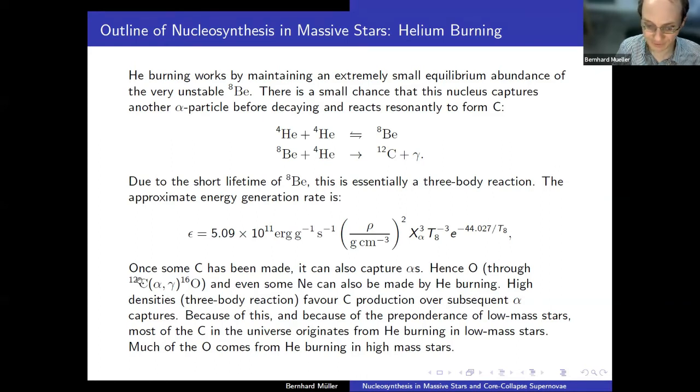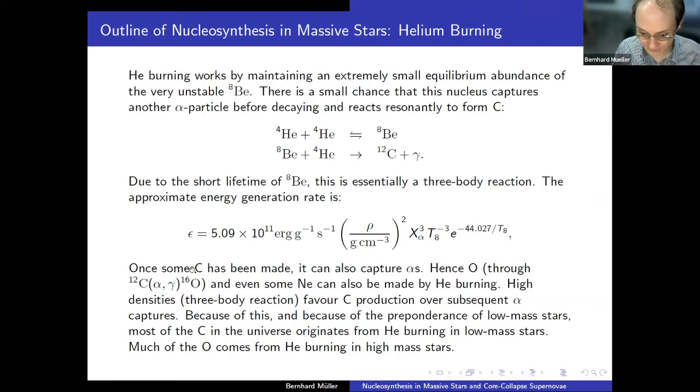If the temperatures are high enough to allow this extra capture reaction, then it will make quite some oxygen as well, and it could even make some neon. And if you compare the burning conditions in high mass stars and low mass stars, you find that the conditions in high mass stars are more favorable to making oxygen by a second capture.